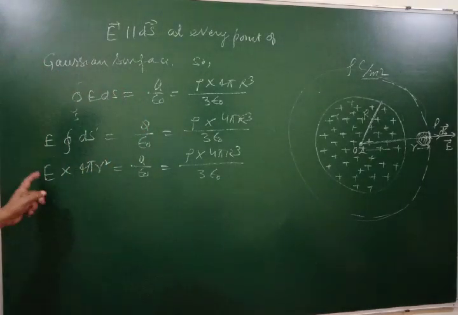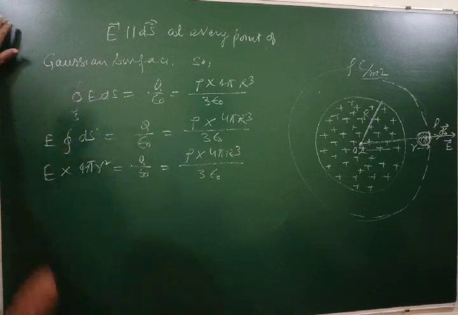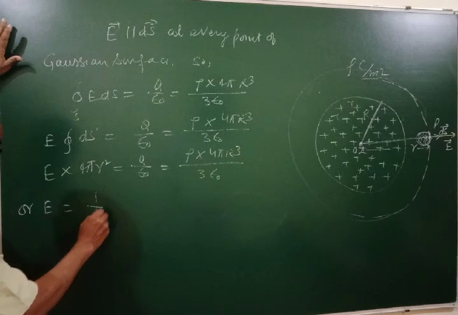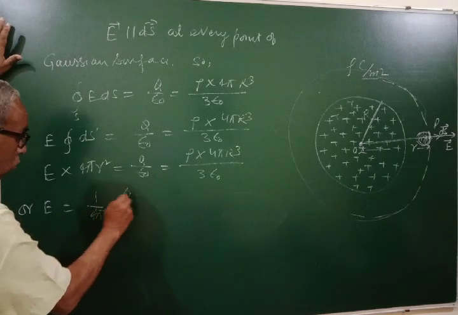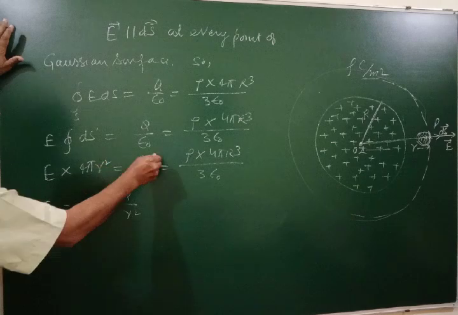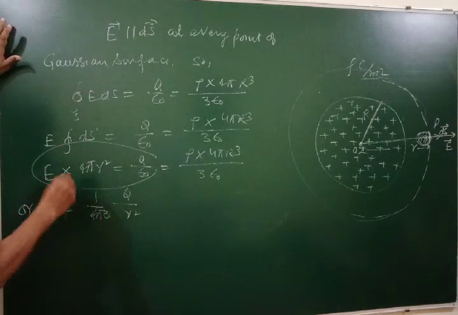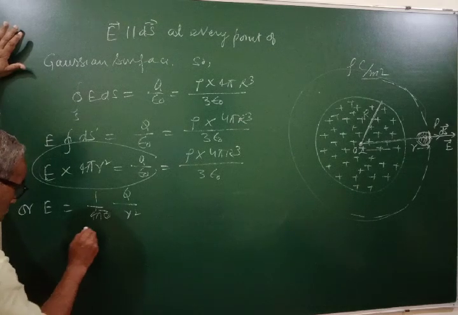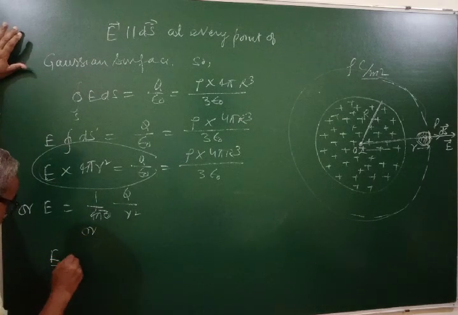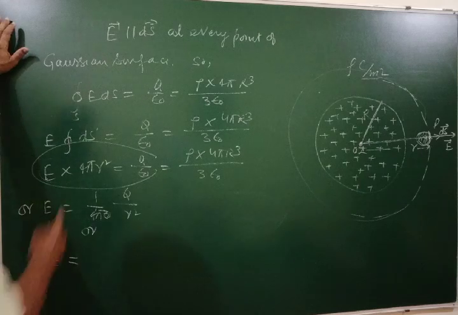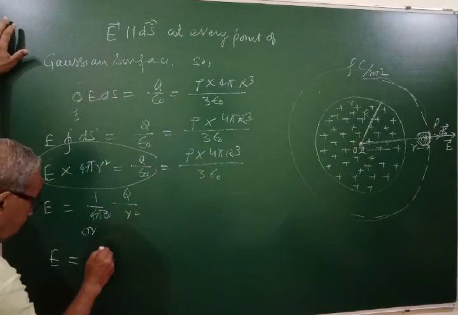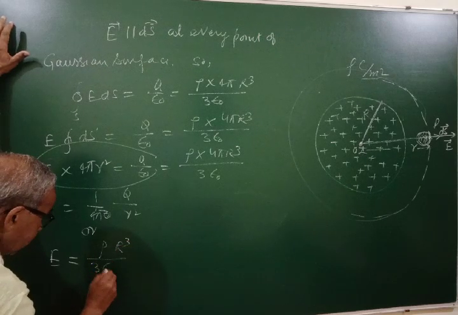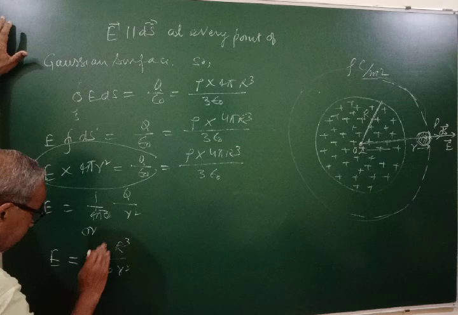Now, using these, we can write E is equal to 1 upon 4 pi epsilon 0 Q upon r square. And if we use this and this, the 4 pi cancel, and we get E is equal to rho R cube upon 3 epsilon 0 r square.